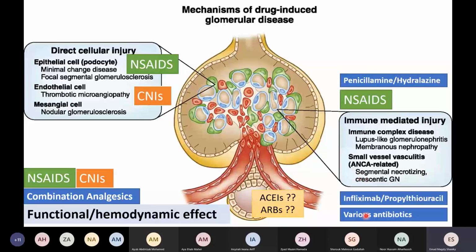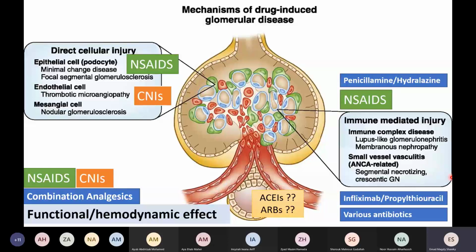It is a monoclonal antibody used for the treatment of autoimmune diseases, and by propylthiouracil. Again and again, the examples of drugs are many more than this, but it's not my aim to exhaust you with names.